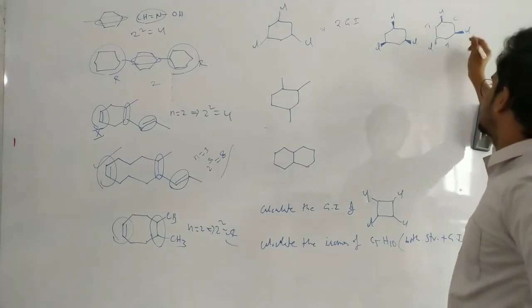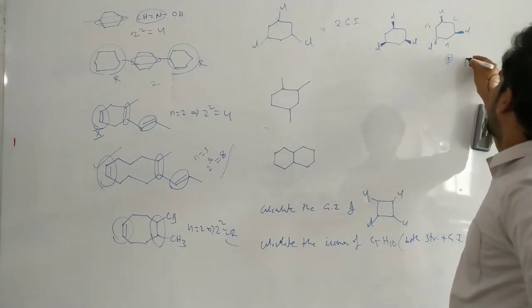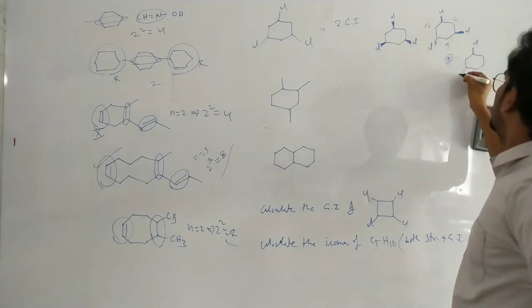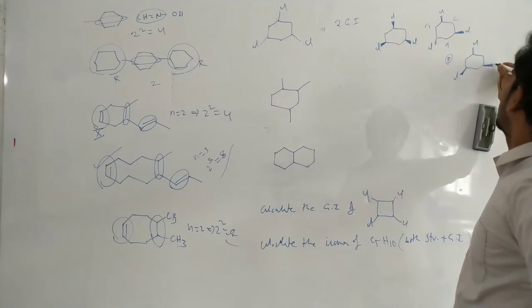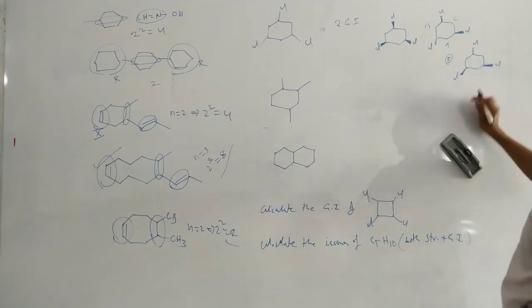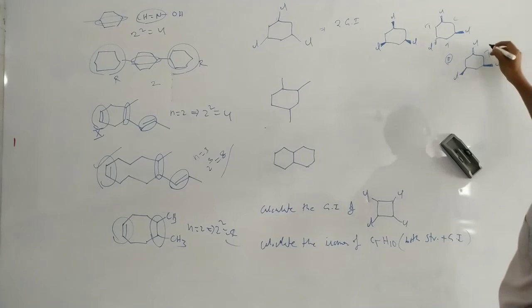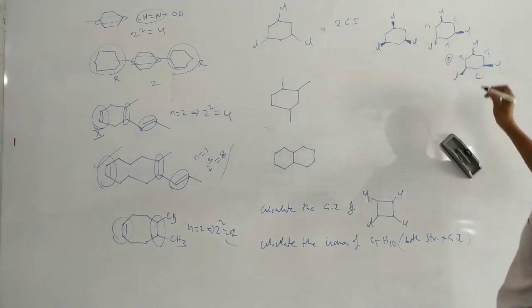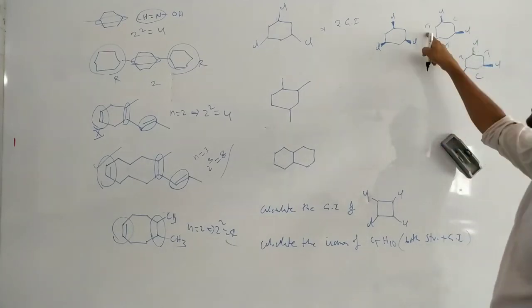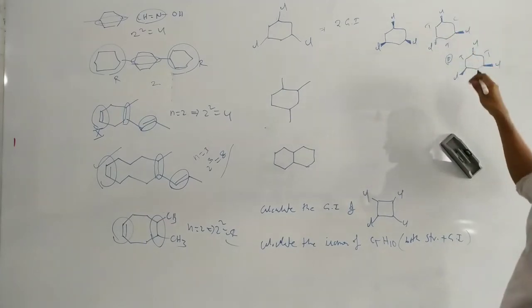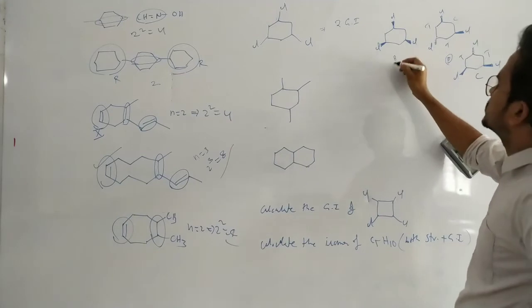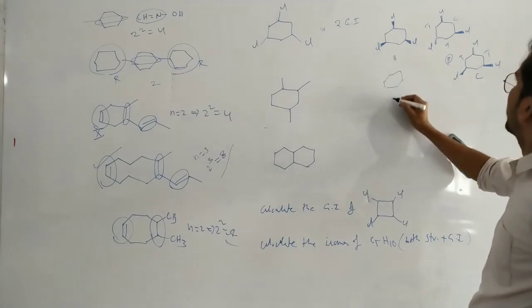If you write it like this, with chlorine here, these two are trans, these two are trans, these two are cis. That means 2 trans, 1 cis. So that's it.